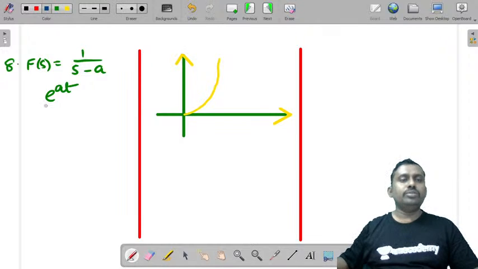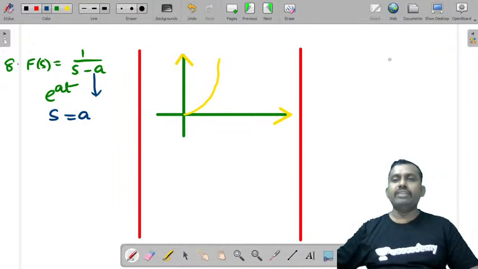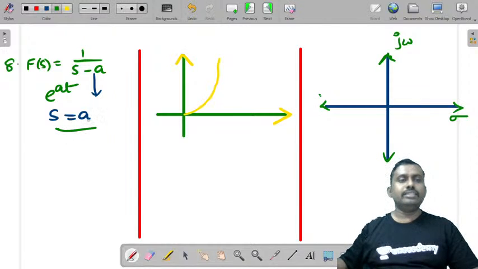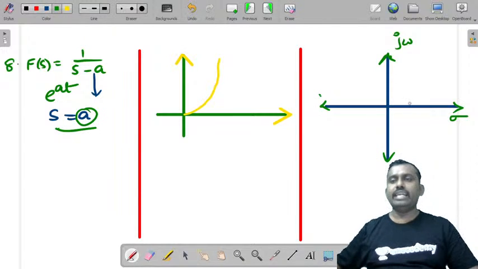And also if you find the root of this, s is equal to a, and if you try to plot it on the s plane, this is sigma and this is the j omega axis. s is equal to a is a positive number, which is on the positive real axis.